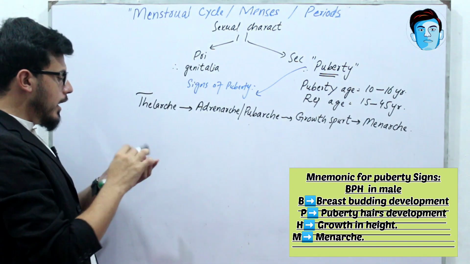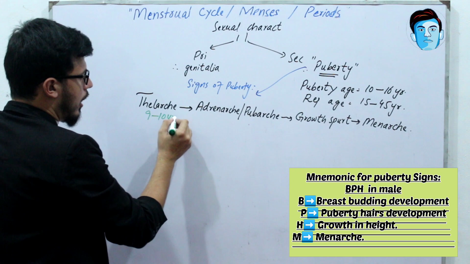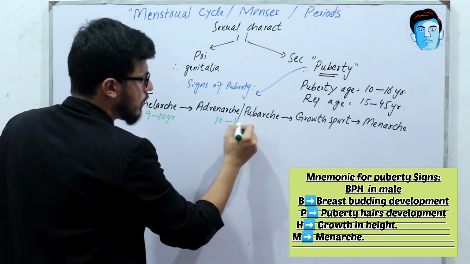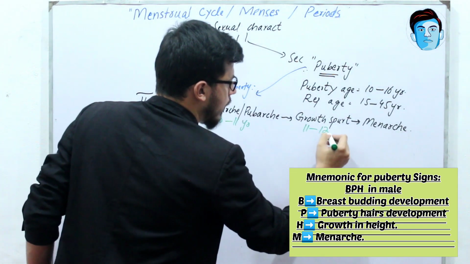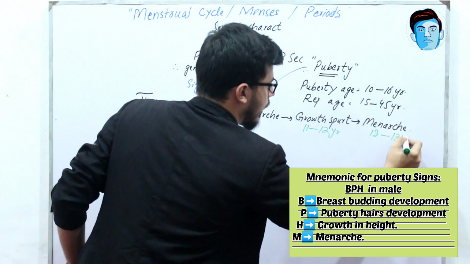Telarche normally occurs at 9 to 10 years, adrenarche and pubarche at 10 to 11 years, growth spurt at 11 to 12 years, and menarche at 12 to 13 years.